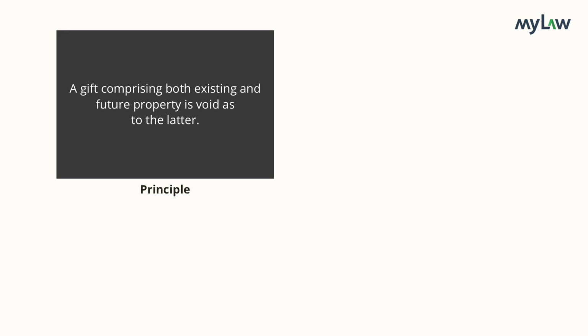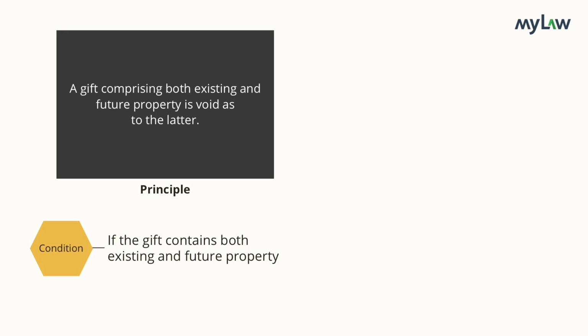So let's start by breaking the principle down. What's the condition? If a gift contains both current and future property, that's the condition. How is it related to the conclusion? If the answer to whether a gift contains both current and future property is yes, then we can conclude that the gift is void as to the future property.